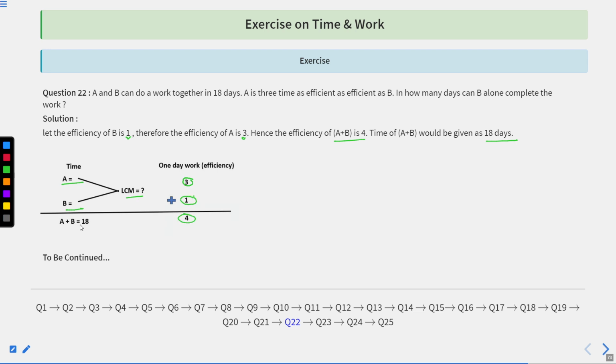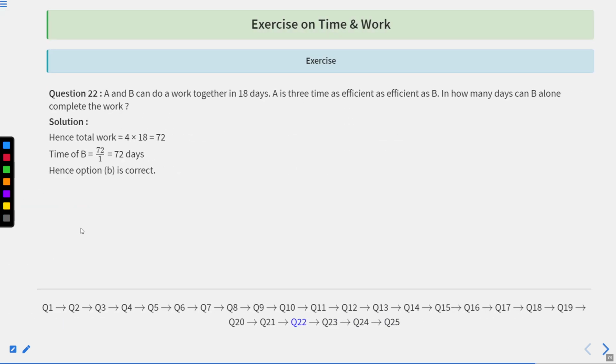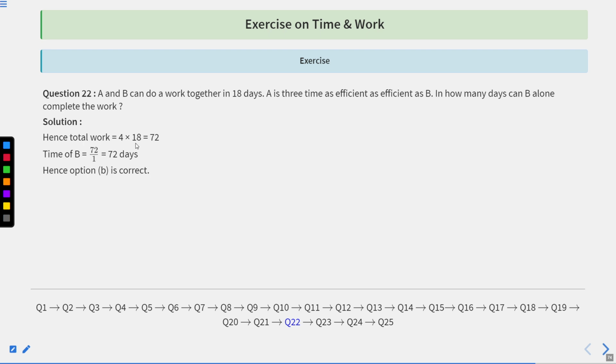A and B took 18 days together to complete it. Hence total work is 4 times 18, that is 72. So 72 units is the total amount of work. So the time taken by B will be 72, that is total work, upon the efficiency, that is 1. So 72 days. If B has to do the work alone, he would take 72 days to complete it.